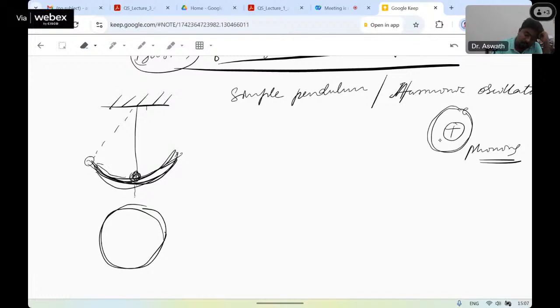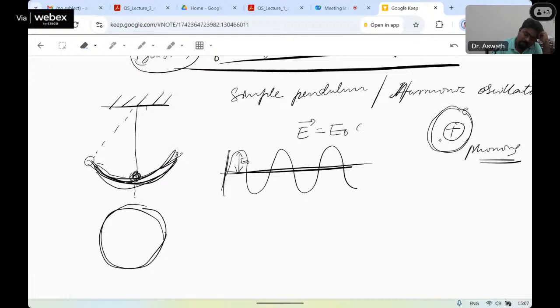Even if you take an electromagnetic wave, there is an electric field vector oscillating. This is the amplitude. The electric field vector is usually written as E naught sine(kx minus omega t), propagating along the x direction, E of x. The electric field amplitude is maximum, decreases, becomes negative, and then increases to positive again.